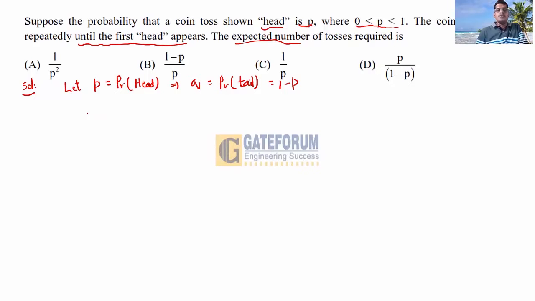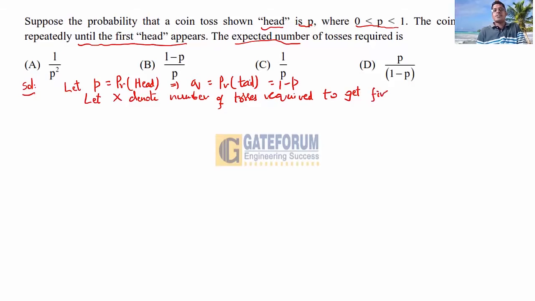Now, this is a random variables related chapter. So this question is from engineering mathematics from the topic probability and statistics, random variables subtopic. Let X denote number of tosses required to get first head.